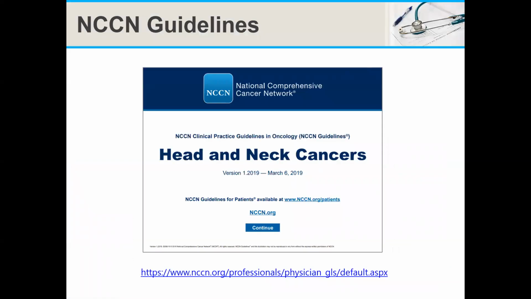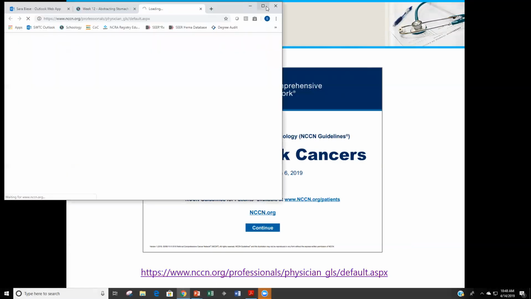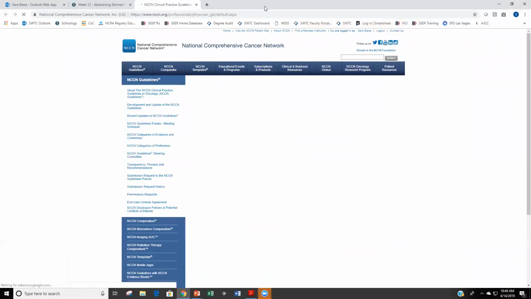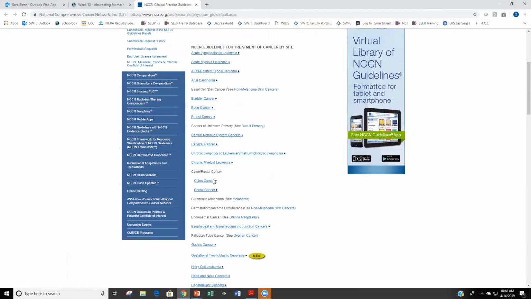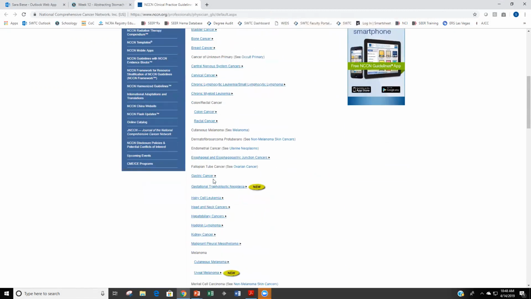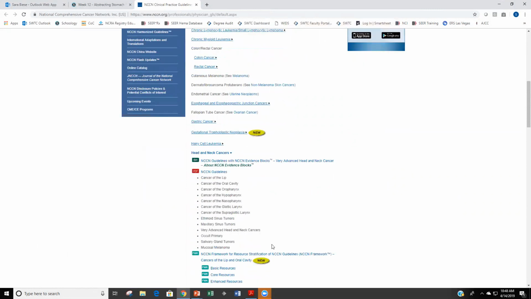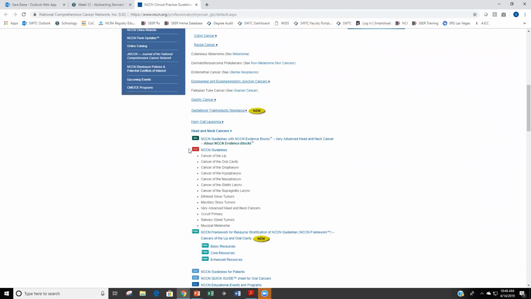Let's quickly look at the head and neck NCCN guidelines. In a way, these are kind of easier than some of the other sites that we have looked at in the past. So here we have head and neck cancers. So we click on that, and then as you can see, all of these sites are included in the head and neck guidelines.